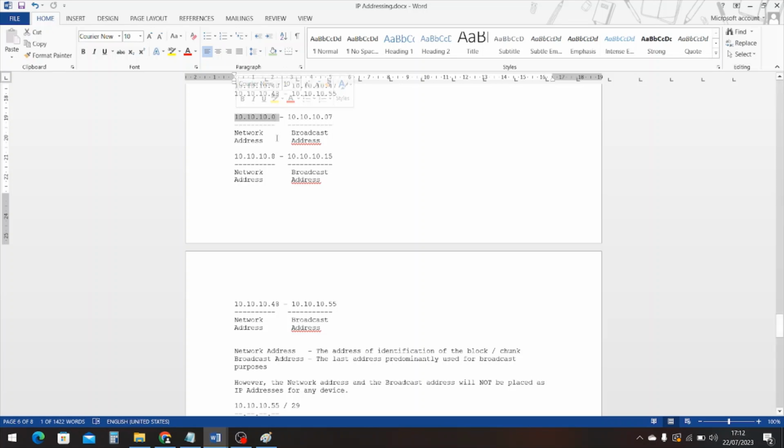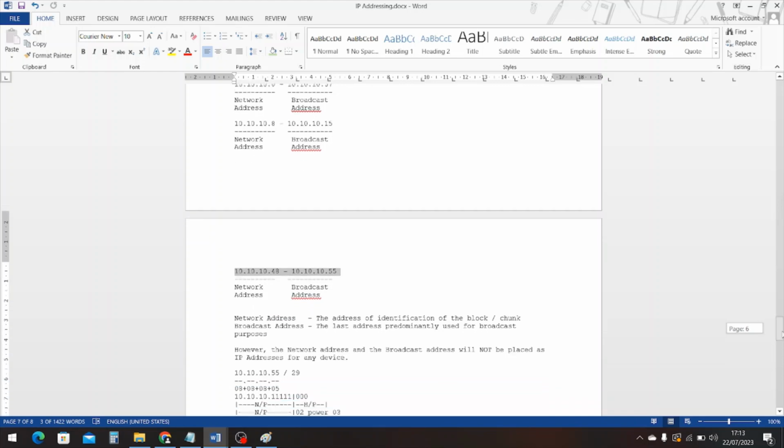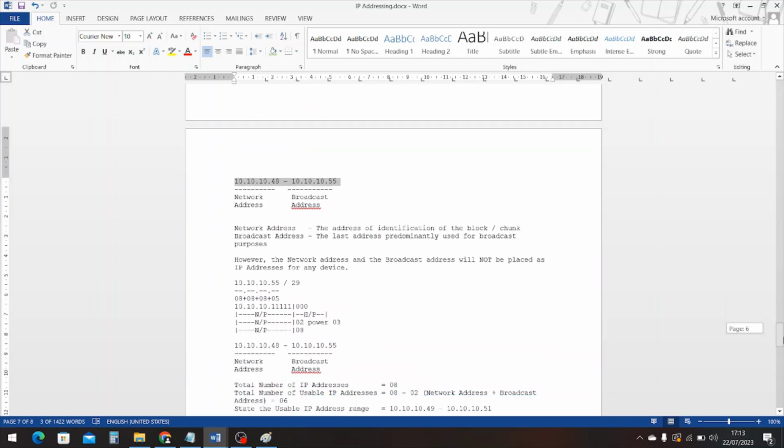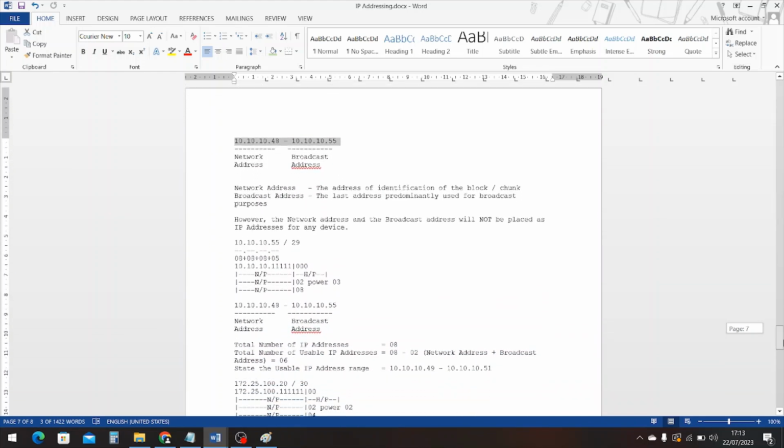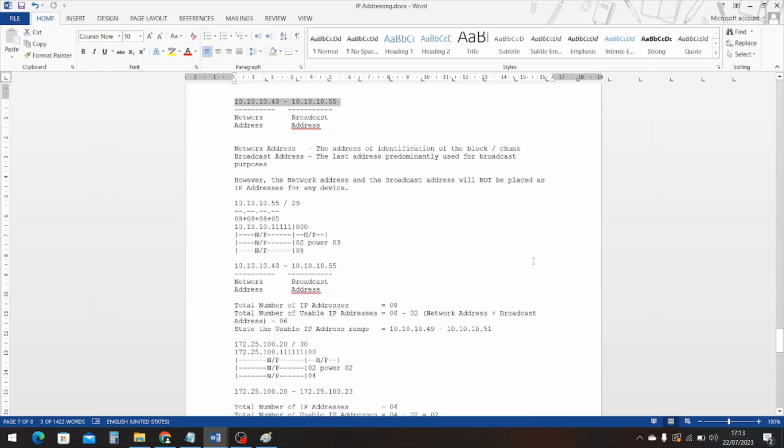Network address is an identifier. Broadcast is the last IP address. So in your range you should be able to identify the range, the network and the broadcast addresses that are associated. Here's the definition. The network address is the identification of the first IP address associated with it, and the broadcast address is the last one.